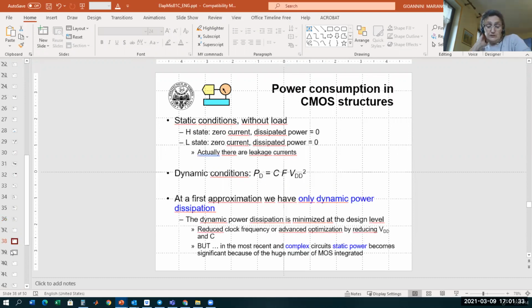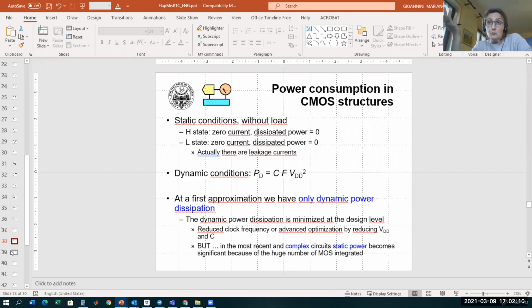For what concerns the dynamic power consumption, we must be careful, because you cannot increase too much this dynamic power. The power that you are consuming turns into heat. And so if you do not dissipate the heat well, then the temperature of the circuit will increase.